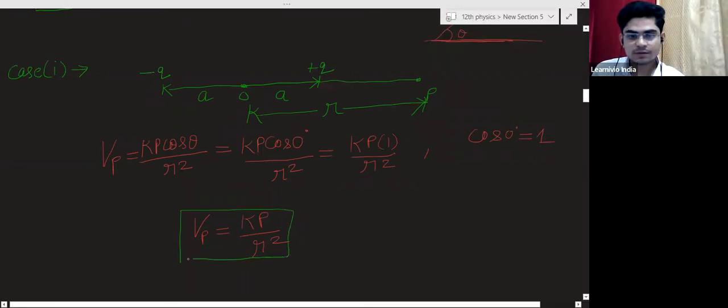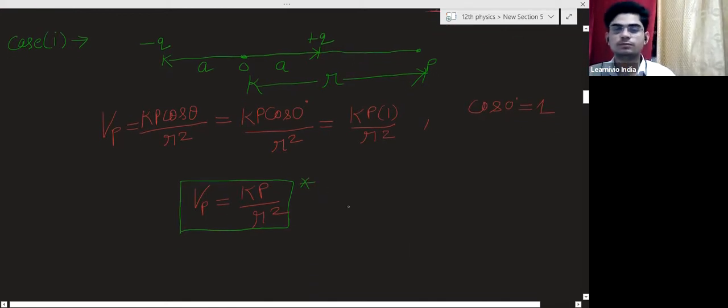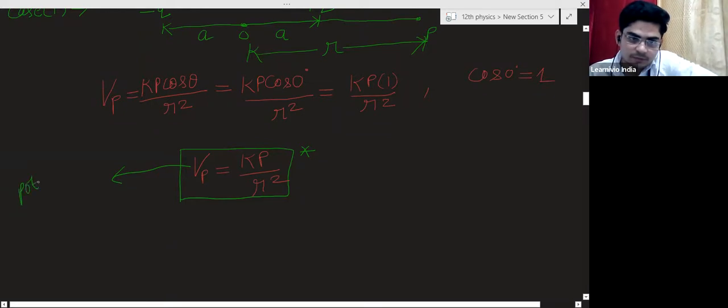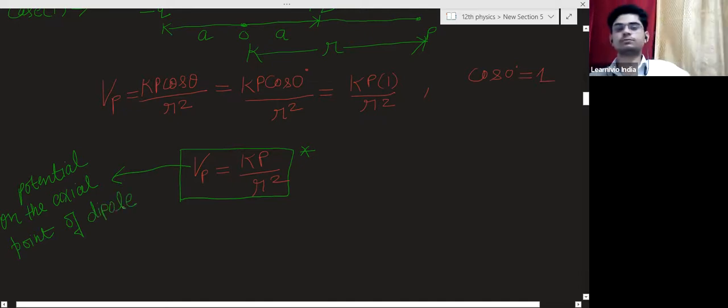Guys, this is our next result. Please remember this. This is the potential on the axial point of the dipole.